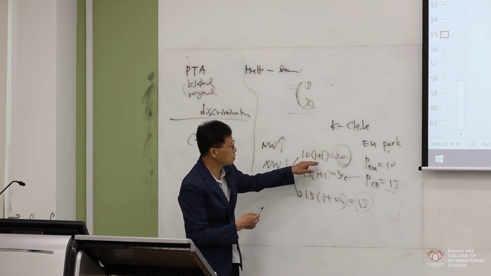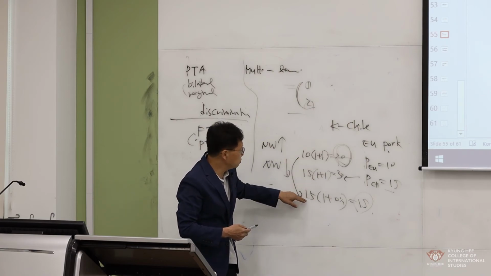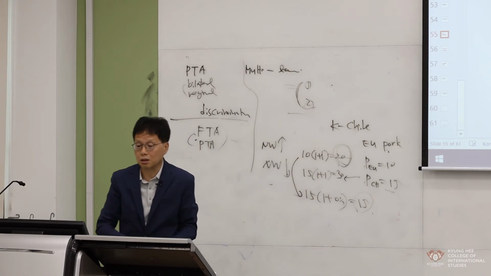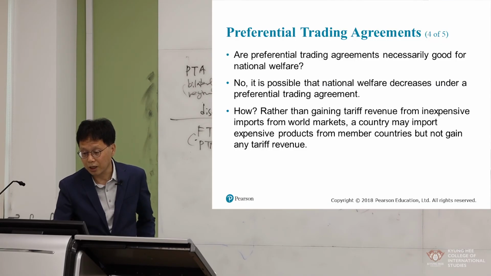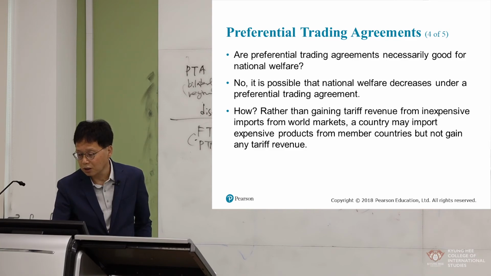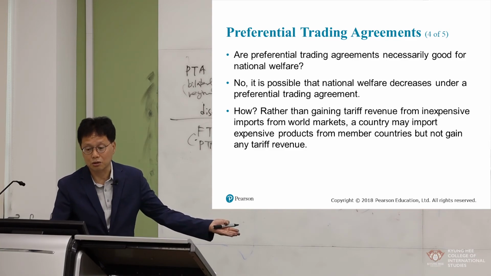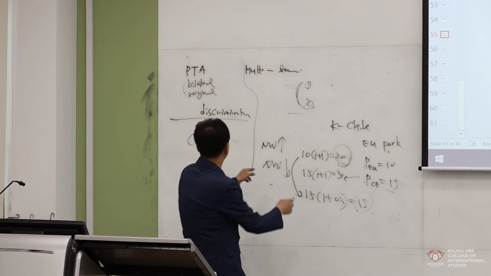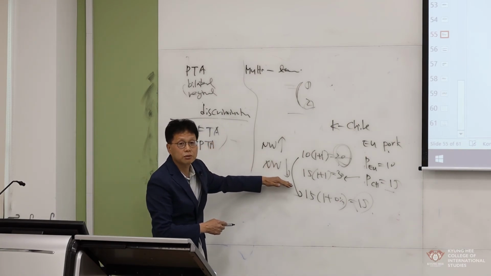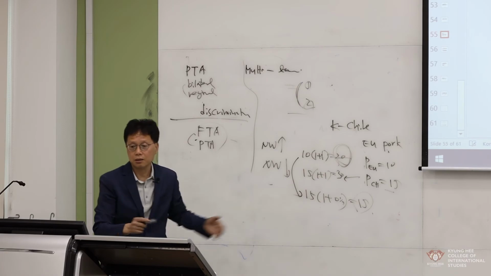When we imported EU pork before the FTA, it was $10. So we import expensive Chilean pork. Because of this, a country may import expensive products from Chile but not gain any tariff revenue. Because of this, sometimes national welfare decreases after the Korea-Chile FTA. Okay?